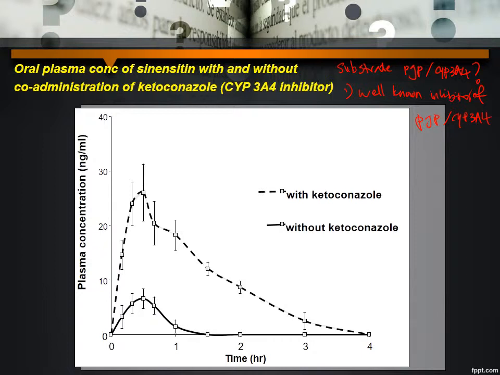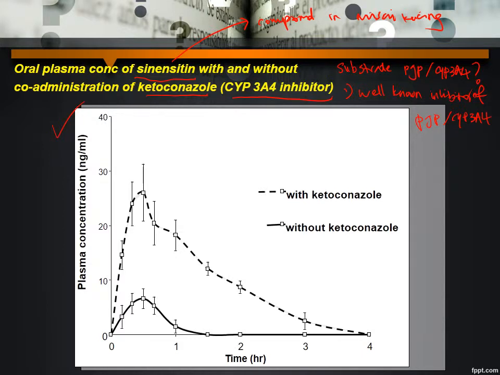So in this experiment, sinecytin, an active compound in misacochine, and we are not sure whether it is a substrate of PGP or CYP3A4, so we investigate with co-administration of ketoconazole, which is a well-known inhibitor of CYP3A4.